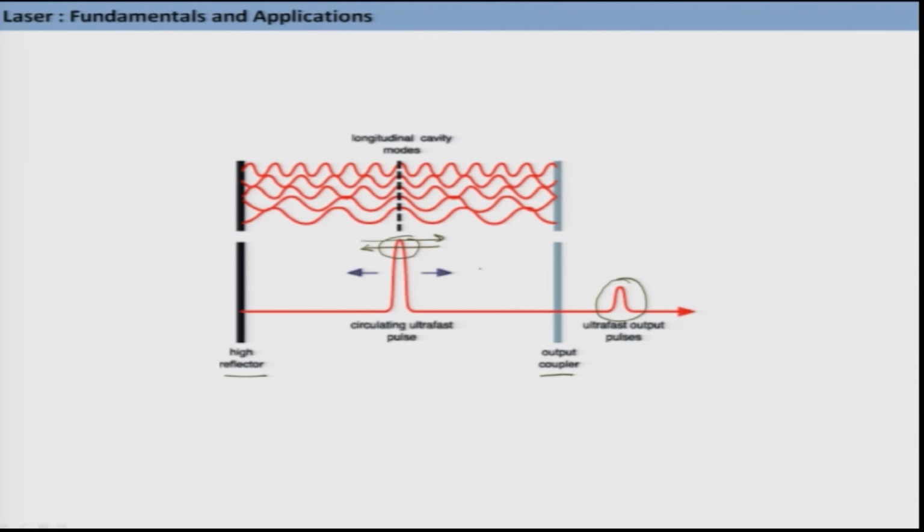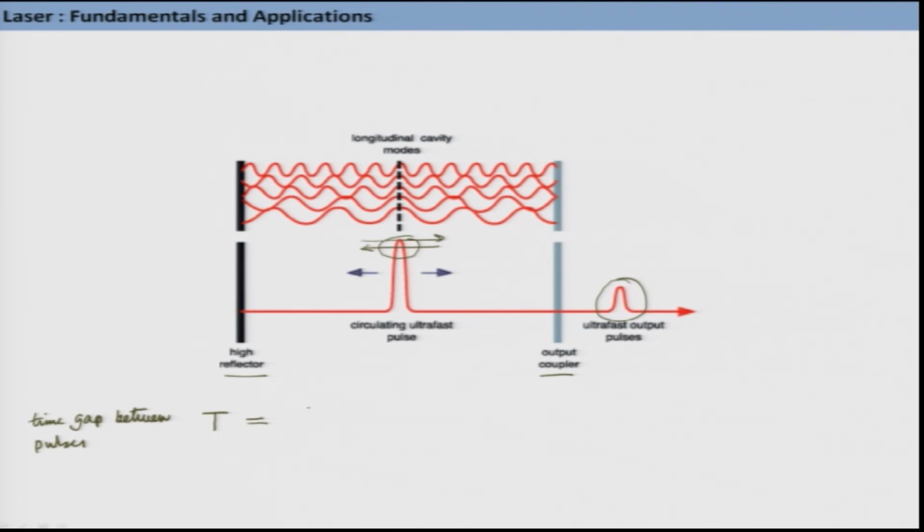So, the distance between 2 successive pulses is 1 round trip, okay. I said this time period is the time gap between pulses.